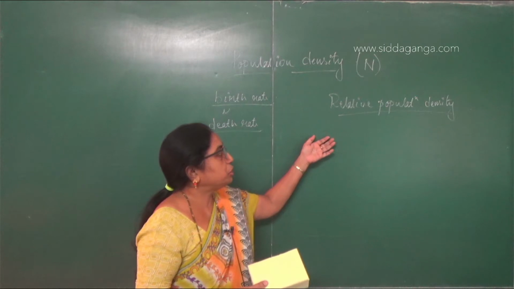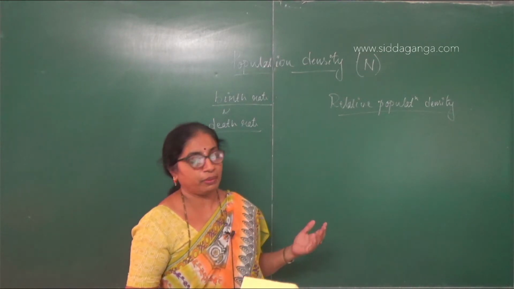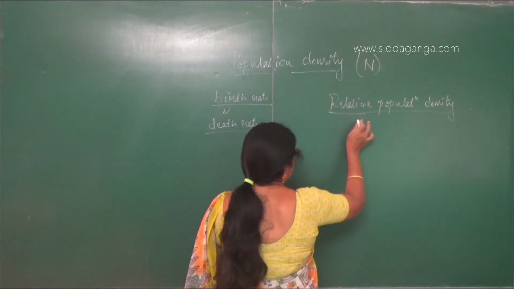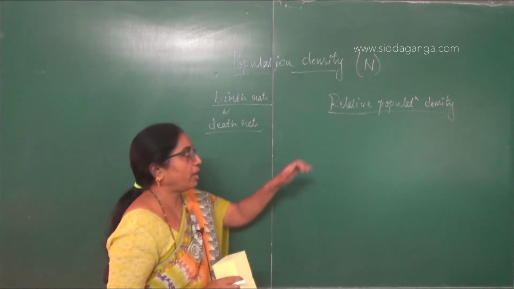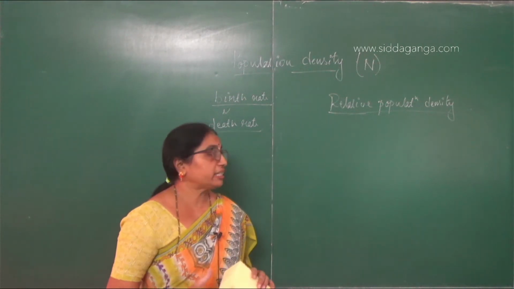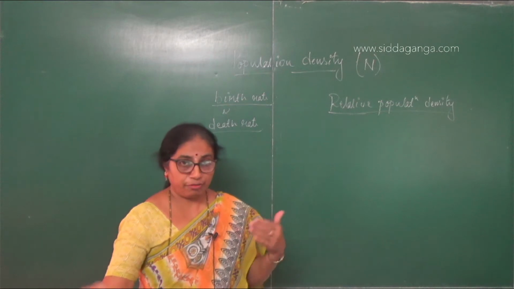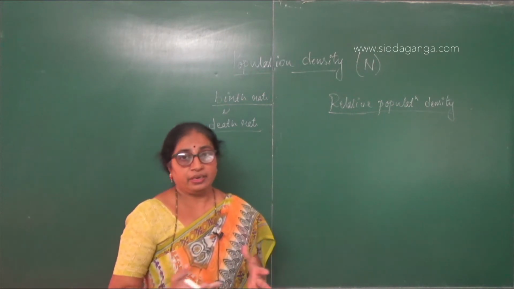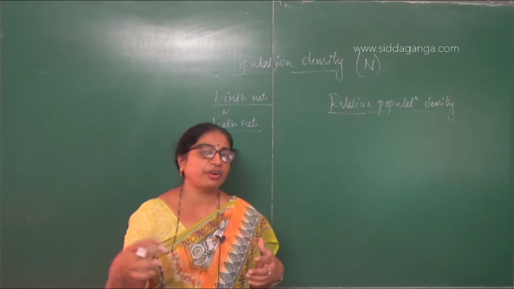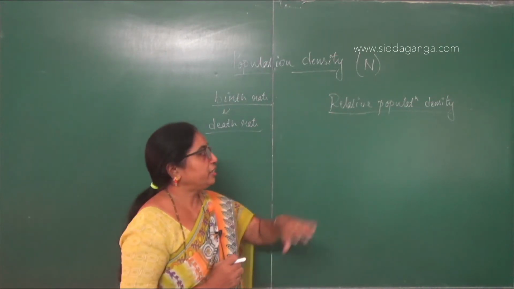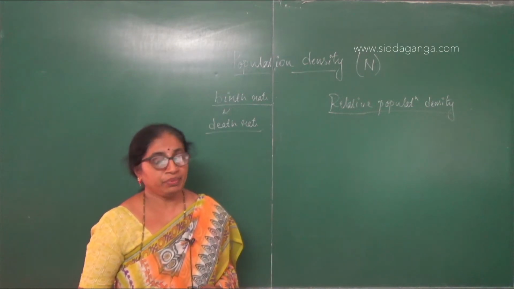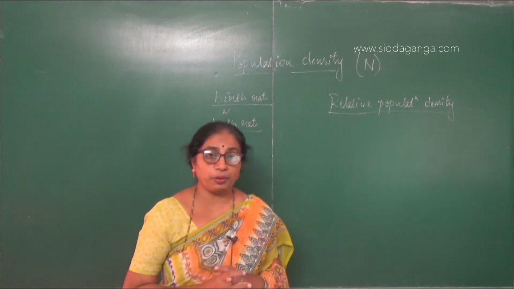In such cases, instead of the absolute value, relative population density is taken into consideration. The best example is, if you put a net to trap fishes in a pond, and in a single trap you get a huge number of fishes, then you can say the population density of the fish in the pond is very high. So this is what is called relative population density.